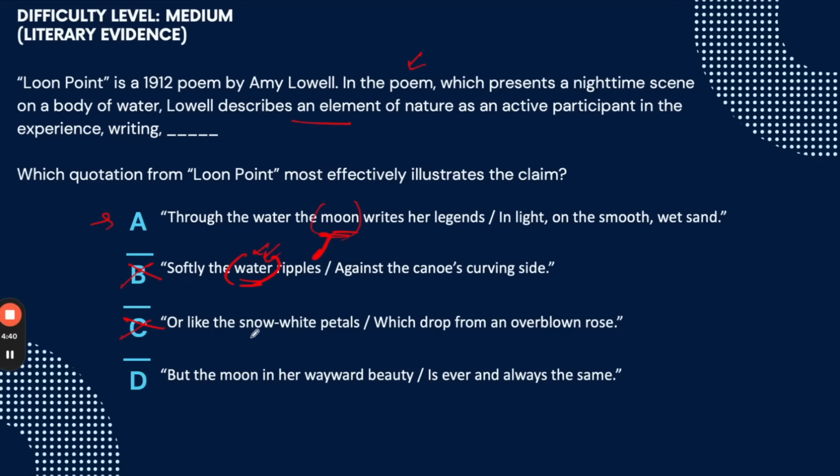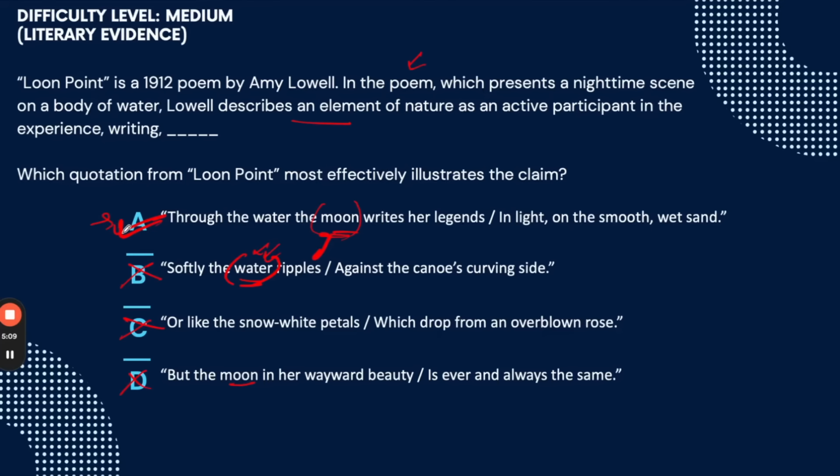D. "But the moon in a wayward beauty is ever and always the same." Now, this describes the moon as an unchanging and beautiful thing. But it does not describe it as actively doing something within the scene. What is it doing? It's doing nothing, right? It's being in a certain manner, but it's not doing anything actively. So D is definitely out and A is a correct option because it's actively doing something, right?